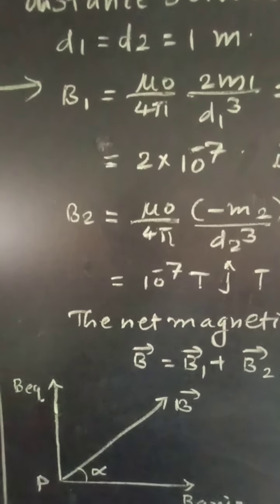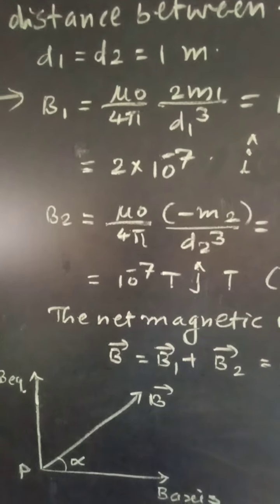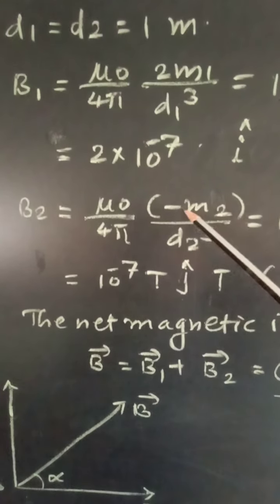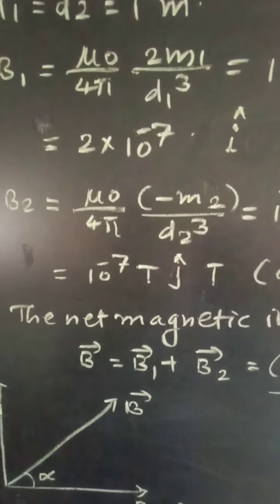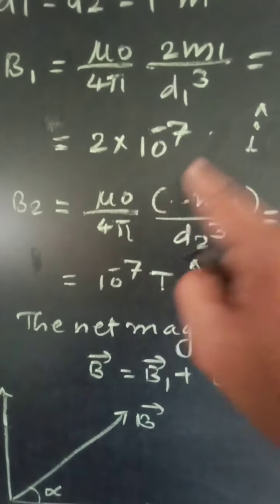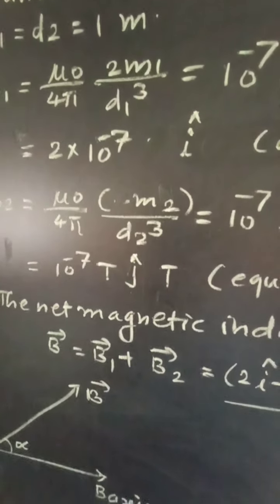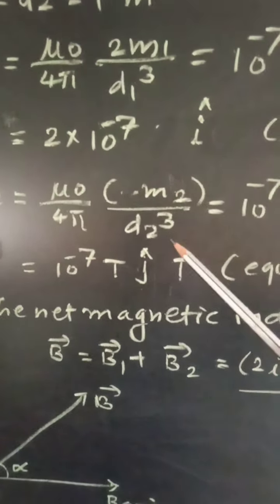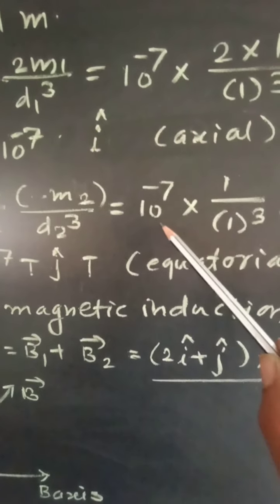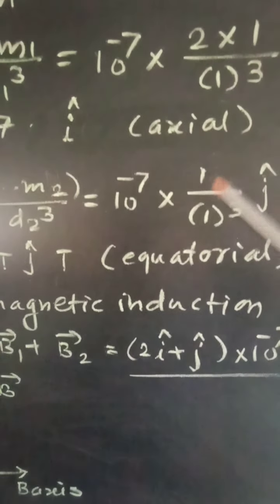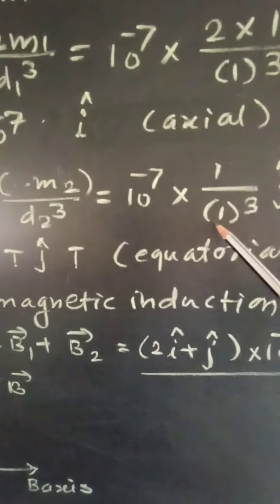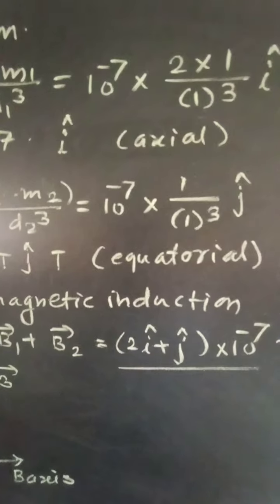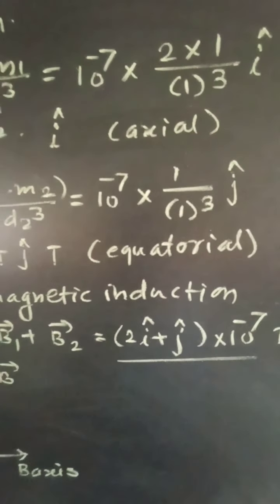Similarly, B2, which is the equatorial magnetic field, will be given by the formula mu 0 upon 4 pi into minus m2 upon d2 cube. We will consider only the magnitude, that is m2 upon d2 cube. So mu 0 upon 4 pi m2 upon d2 cube will be equal to 10 raised to minus 7 into 1 upon 1 cube, into j cap, since along the direction of B2 the unit vector is j cap.